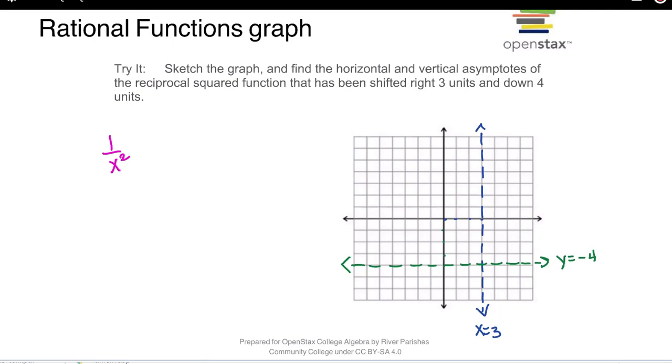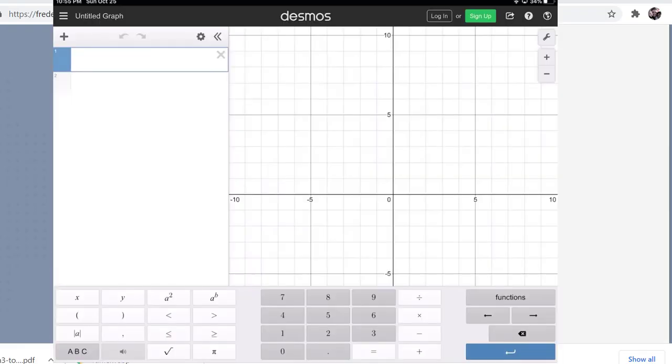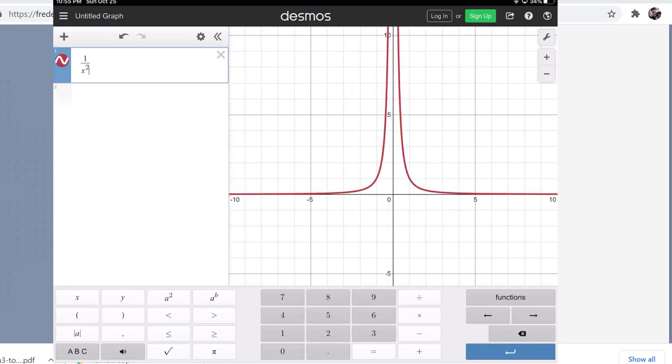And it's going to look something like this. And as you're doing these, if you're not quite sure what something looks like, you can always go to Desmos. 1 over x squared. That's the basic shape of the graph, and you can use that to help you sketch the shape.